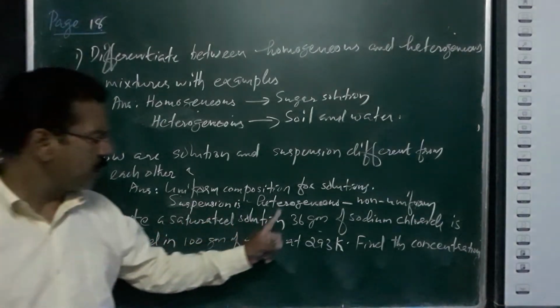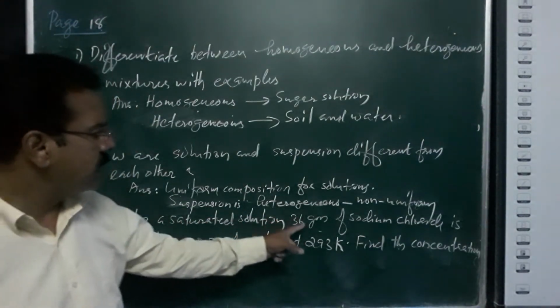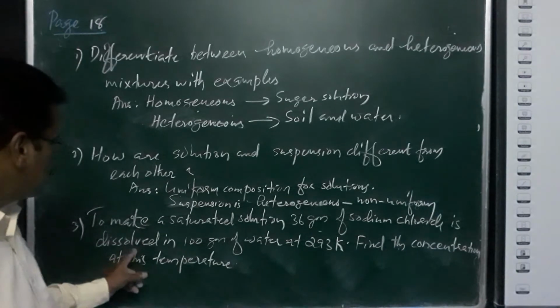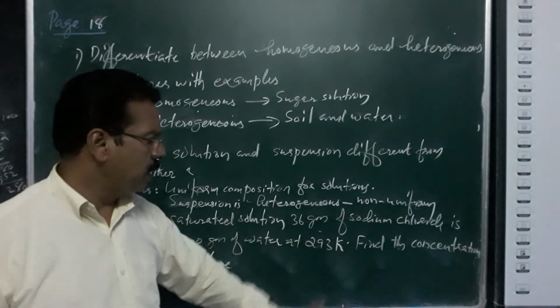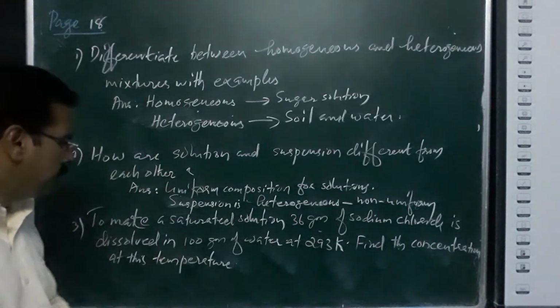And question number 3. To make a saturated solution, 36 gram of sodium chloride is dissolved in 100 gram of water at 293 Kelvin. Find the concentration at this temperature.